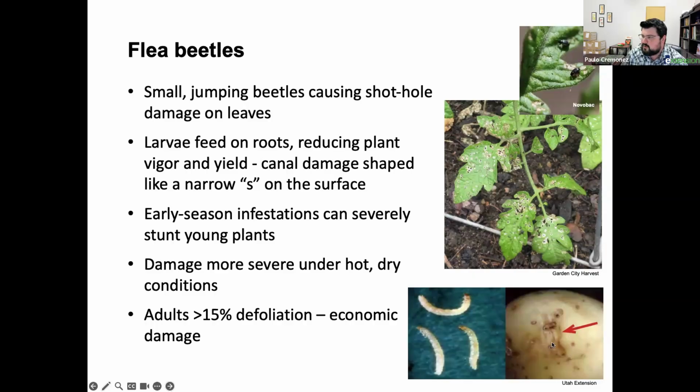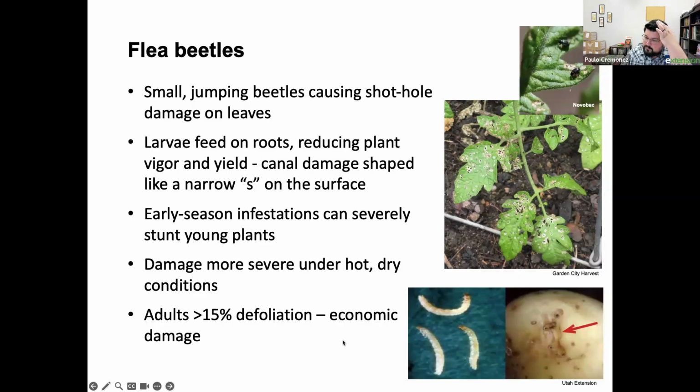They have this characteristic canal damage shaped like an arrow S on the surface of the roots that you can find. The early season infestation can severely stunt young plants. The more severe damage occurs under hot and dry conditions as well.